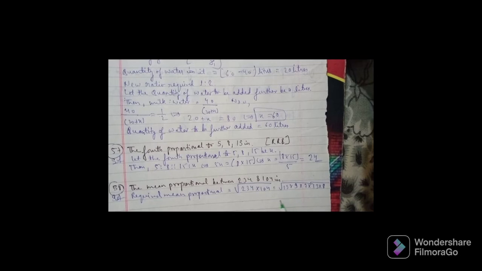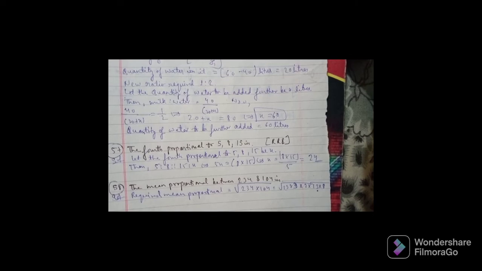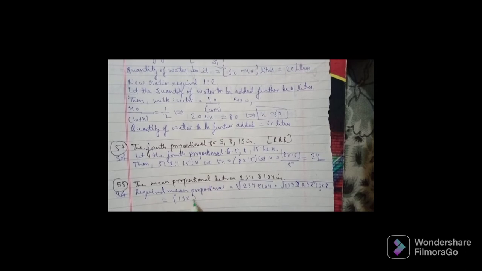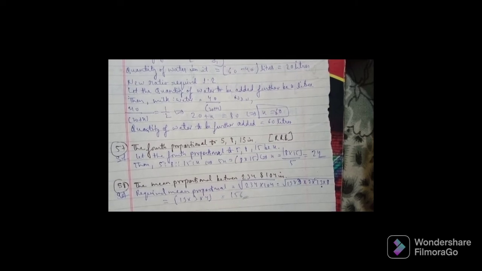So here we get a pair, that is 13, and then for the 9 we get 3, and for the 16 we get 4. So let's find it out. 13 into 3 into 4, which equals 156. That is what we get as an answer, and that will be the right answer for this question as well.